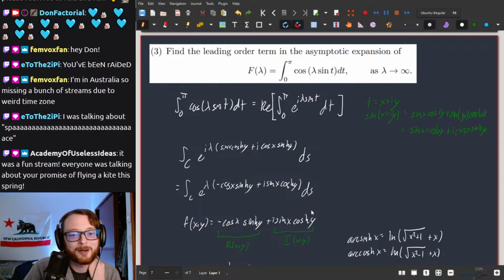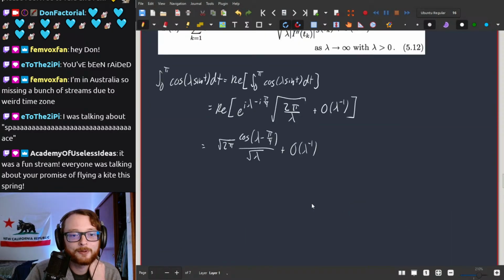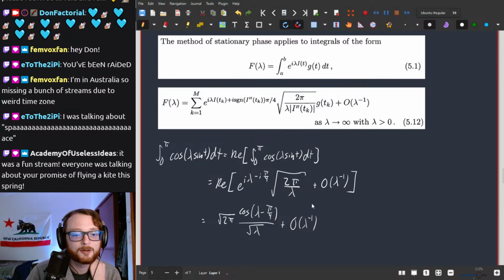So yeah, this is the problem that I'm working on right now at the top of the screen. Now, there's a really good method to do this problem called the method of stationary phase. If I scroll up here, I solve the entire problem using basically 3 lines of math because it's just plugging into a formula.